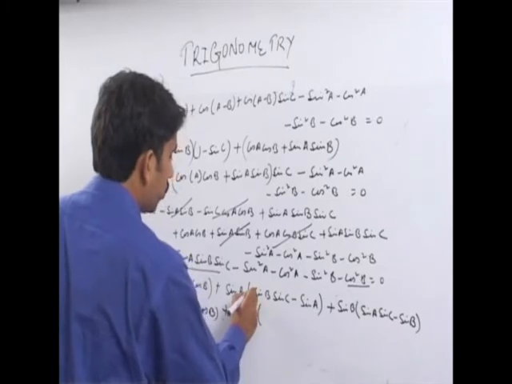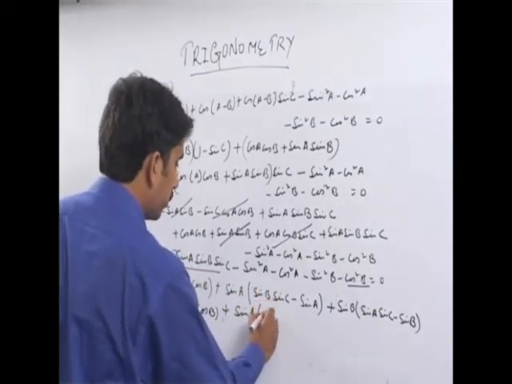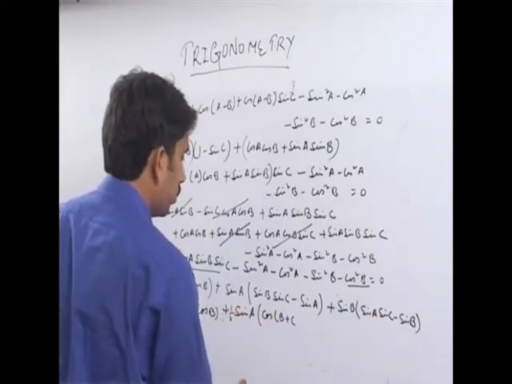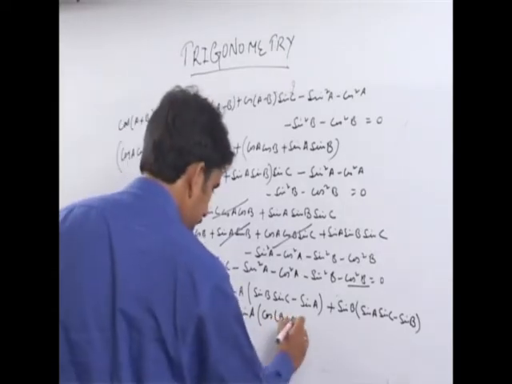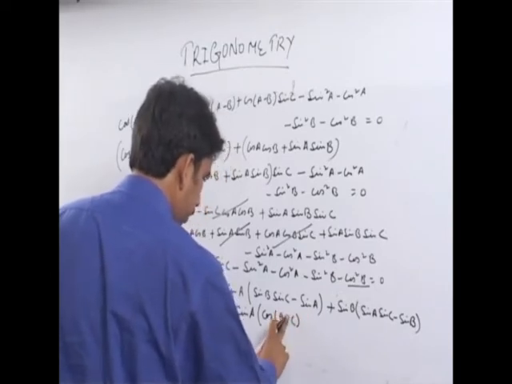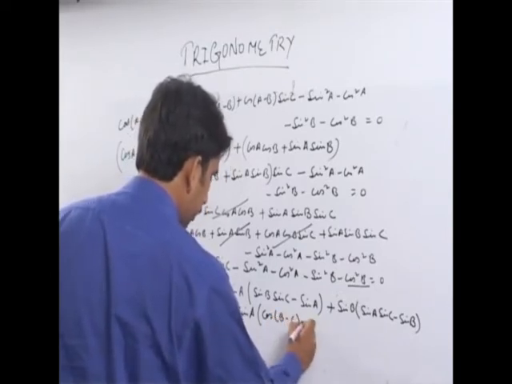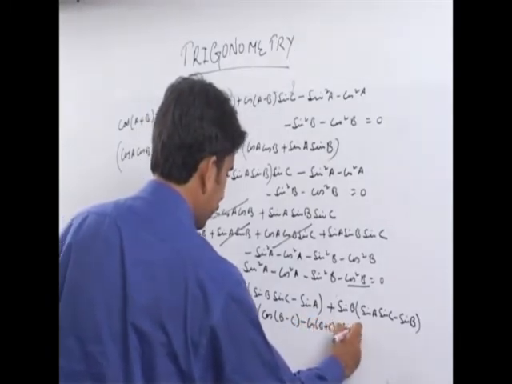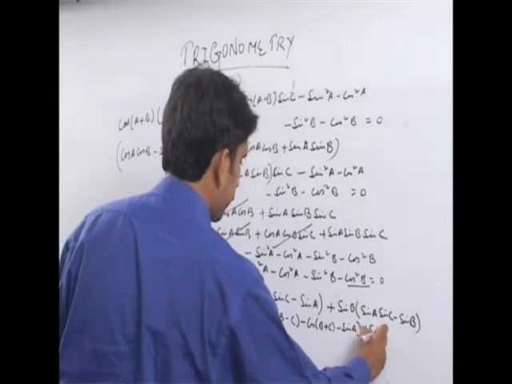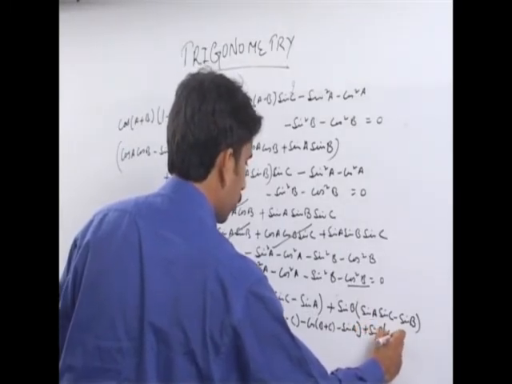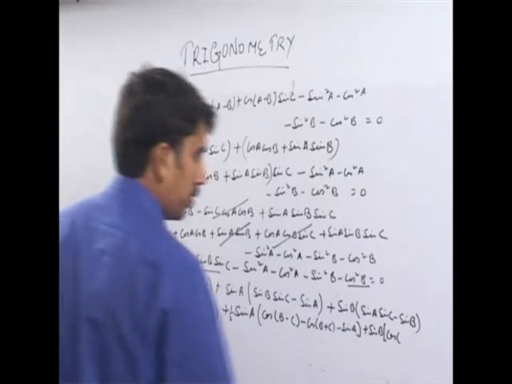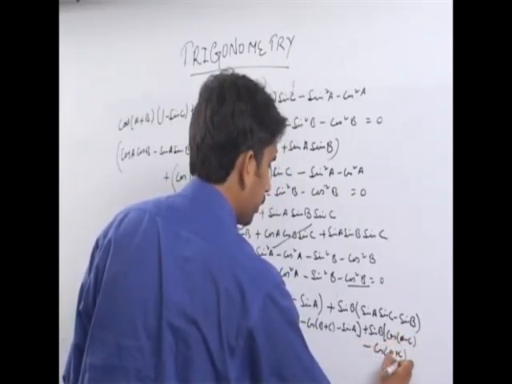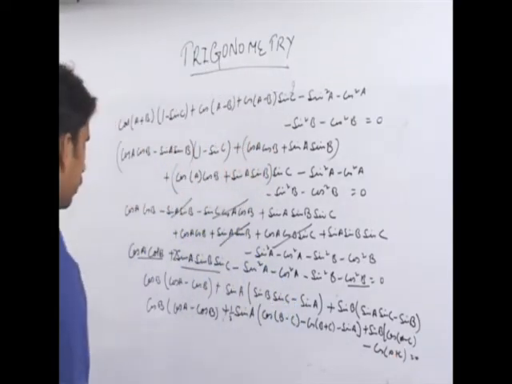If you take 2 sin B sin C, this will become 1 by 2 of (cos of (B minus C) minus cos of (B plus C)), minus sin A plus sin B. Similarly, you can take cos of (A minus C) minus cos of (A plus C), and you will take common.